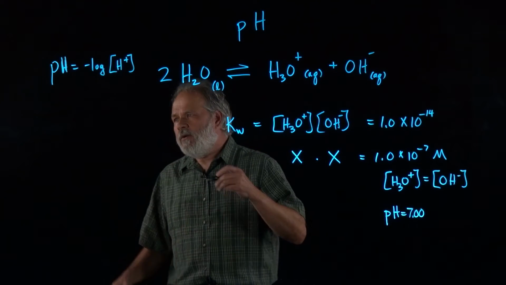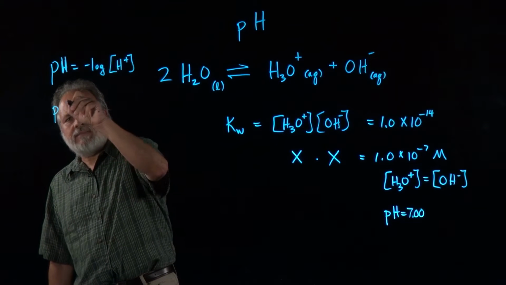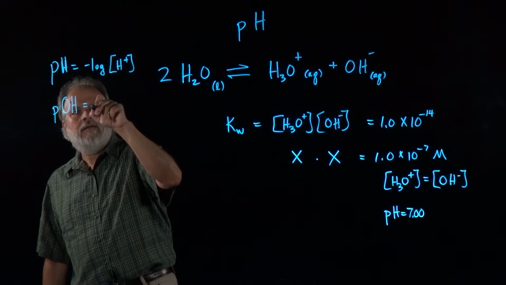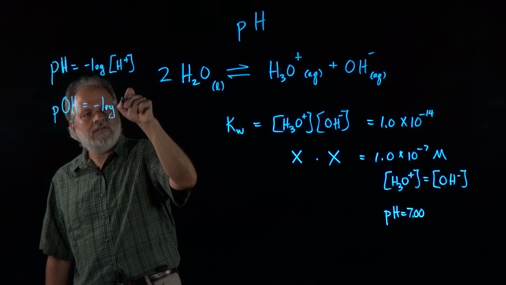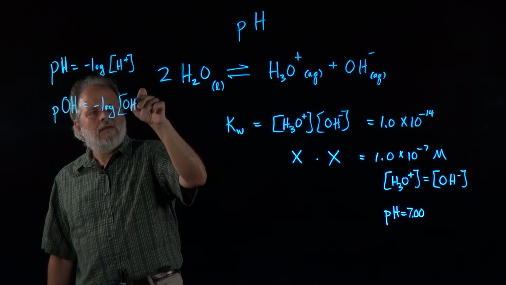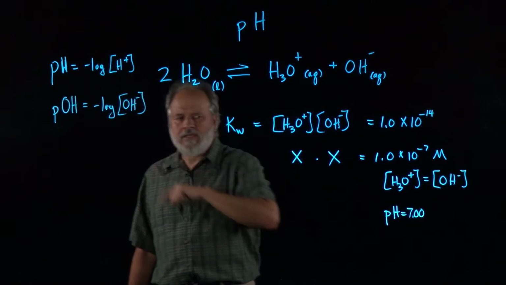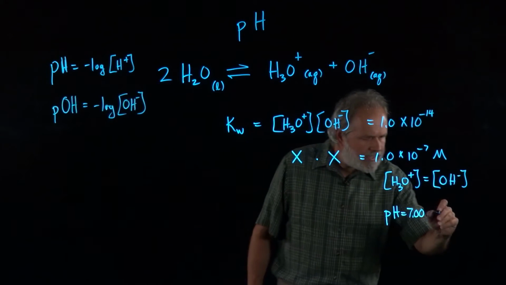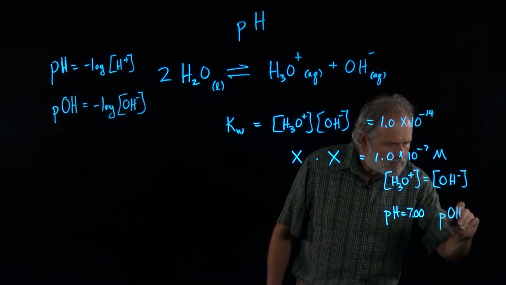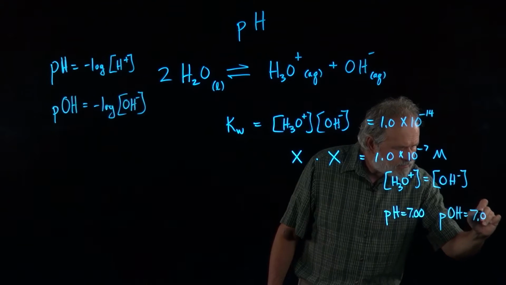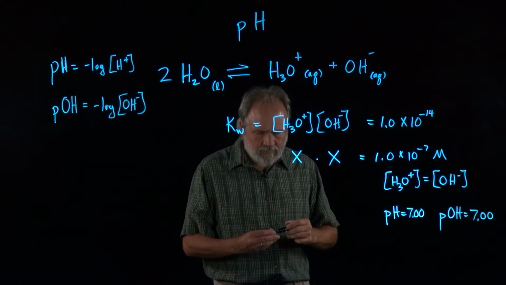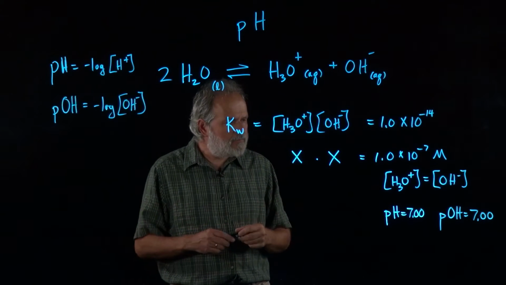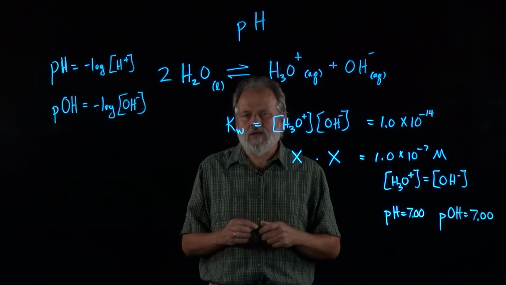And so pOH is exactly the same idea. It's just minus log of the hydroxide. So pOH is also 7. All right, so that's the case for neutral water.